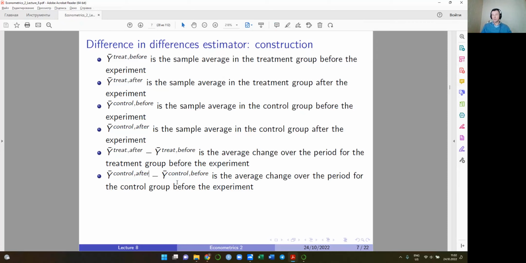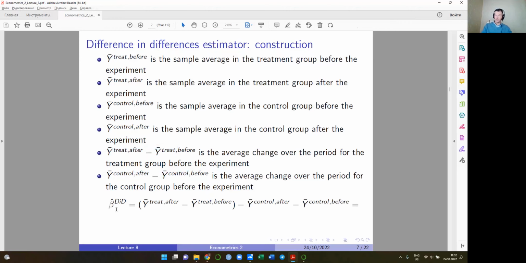If I'm not giving a treatment to a person, to a firm, then this change would occur even without this treatment. Therefore, this change includes two components. So this component and the effect of treatment.